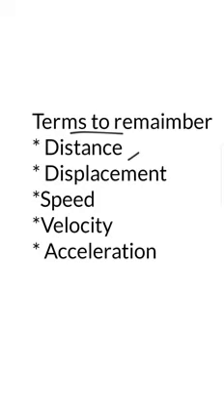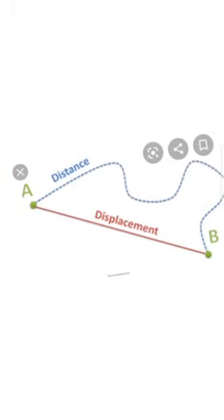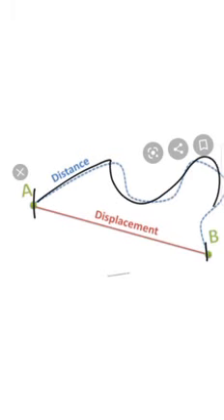First we will study distance, displacement, speed, velocity, and then acceleration. We will find what distance is, and for some other questions we will find the answer. Here we can see that from position A to position B there is some kind of movement.